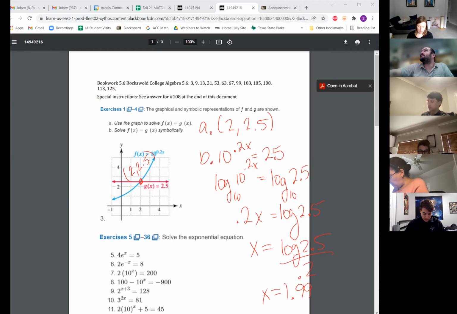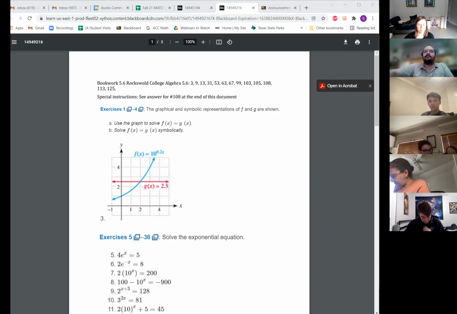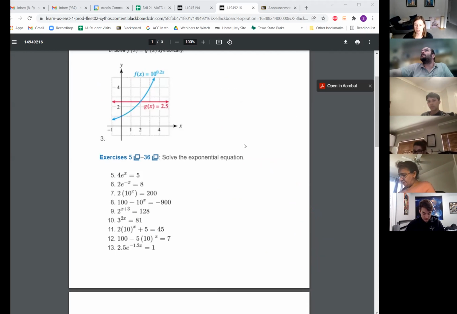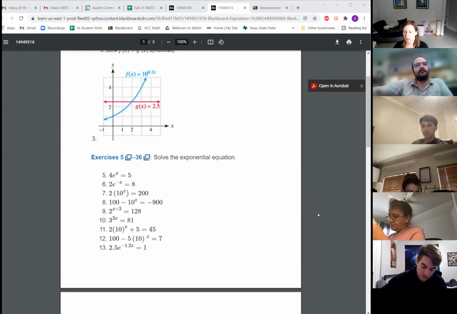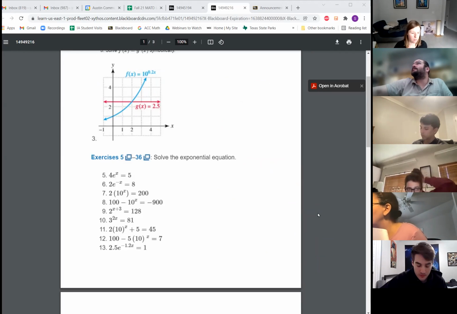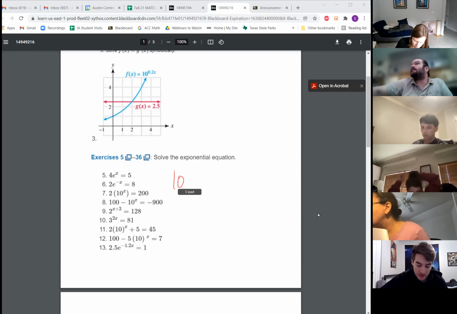All right, let's keep going. So number 9, Joshua, group 1, you're next. So I took log base 2 of 128. I put that in my calculator and it gave me 7.